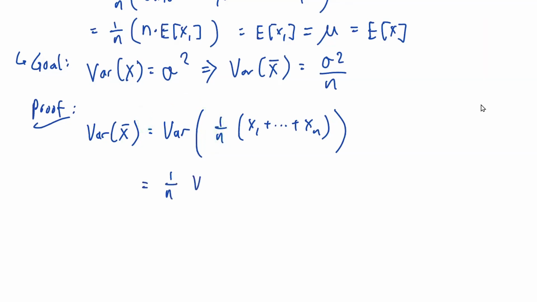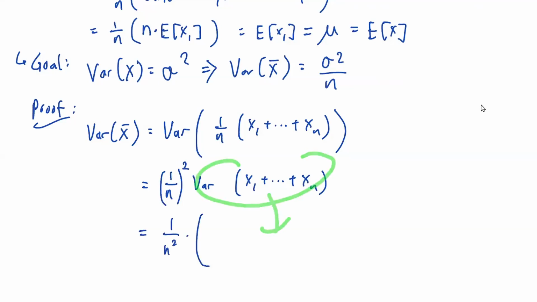So can you just factor it out like that? What's missing? When you factor out a constant, if this is just an a, it becomes a square. Of course the a is 1 over n in this case, so 1 over n, bracket, square. So it's 1 over n square times the variance of all this. Okay, I'll just copy and paste.